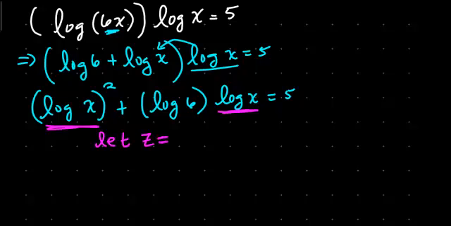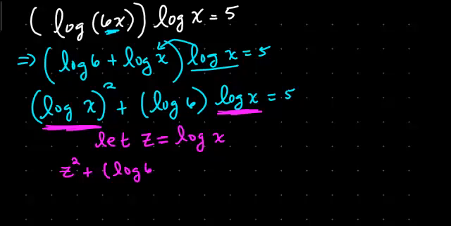Let z equal log of x. So everywhere there's a log of x, just replace it with the letter z. It's still the same thing. We just do this to clear it up so we can see what's going on a little better. So this is z squared plus log 6 times z minus 5 equals 0.